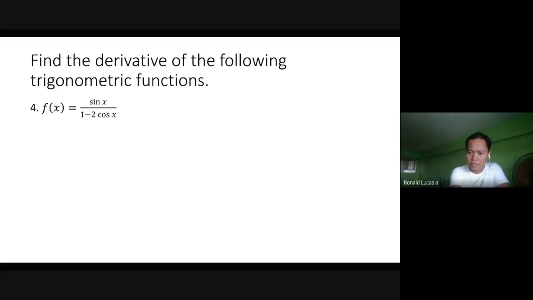From Nico, negative cosine x squared plus sine squared over 1 minus cosine squared.